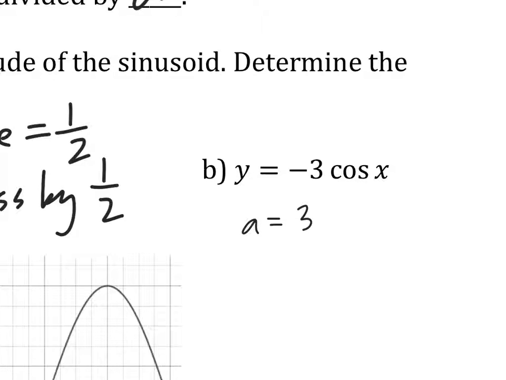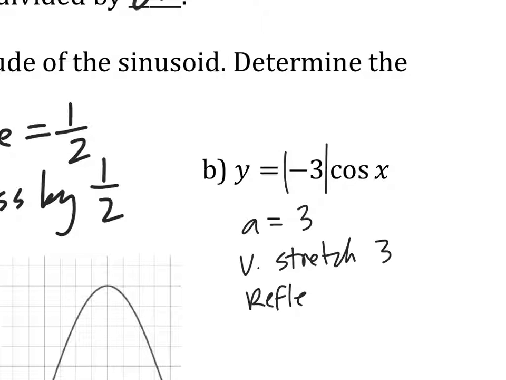Philip, give me one transformation. Vertical. Stretch or compress? We always look at the absolute value of the number. So it's going to be 3, which is bigger than 1, so it's going to stretch. So vertical stretch 3. What's another one? Reflect over the x-axis.